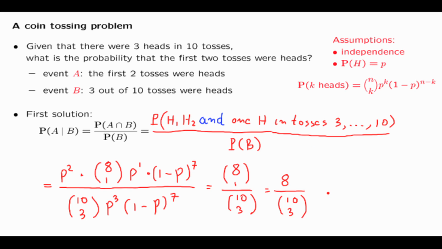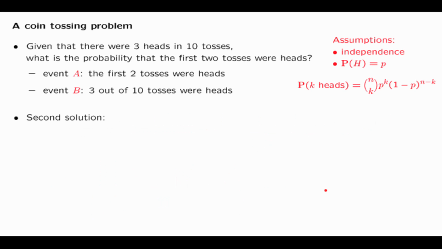And now let us work towards developing a second approach towards this particular answer. In our second approach, we start first by looking at the sample space and understanding what conditioning is all about. In our model, we have a sample space.